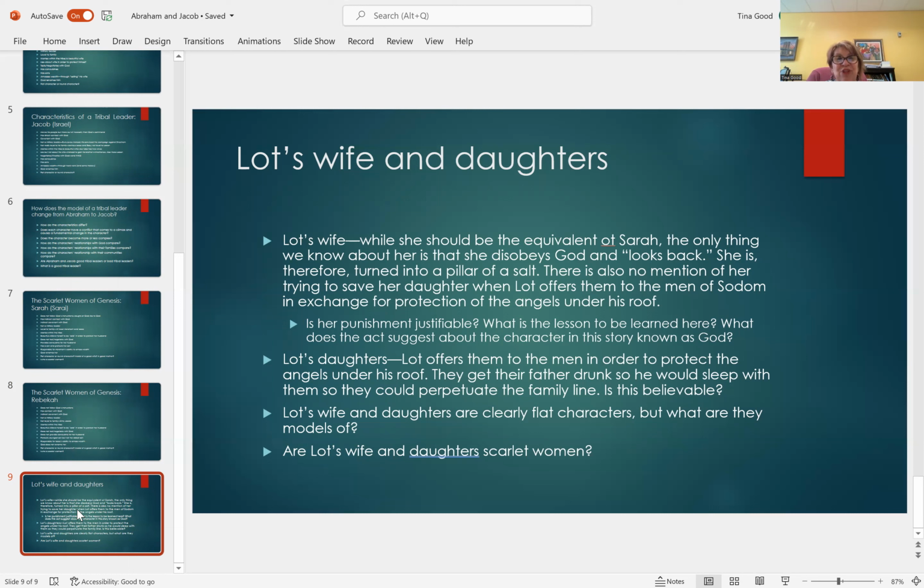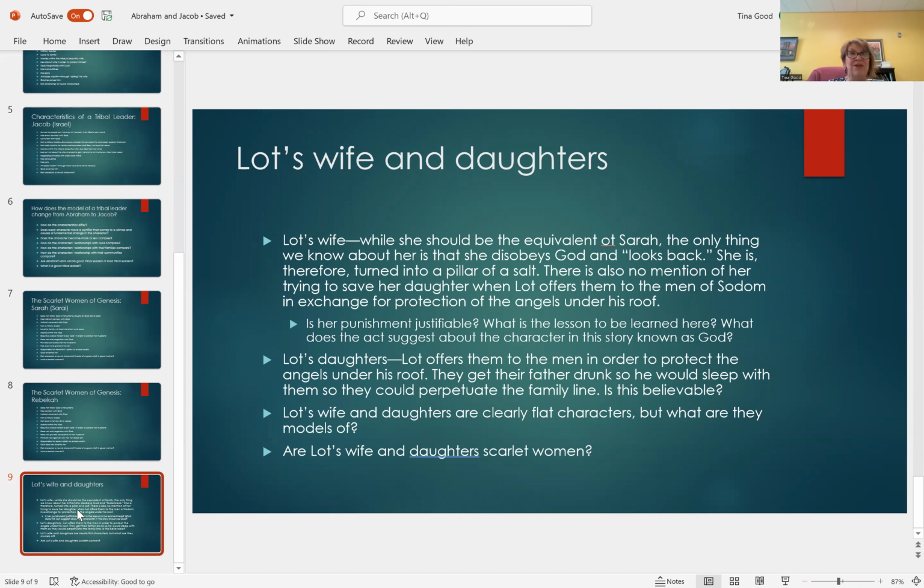There is no mention of her trying to save her daughter, but I mean, it didn't happen. It's just obvious silence in the story when Lot tries to give his daughters away to the men in order for them to have sex with the daughters rather than the angels under his roof. So we have to ask the question, right? Is her punishment of being turned into salt for disobeying God justifiable when Abraham over here is negotiating with God, when Sarah's laughing at God and lying to God, right?